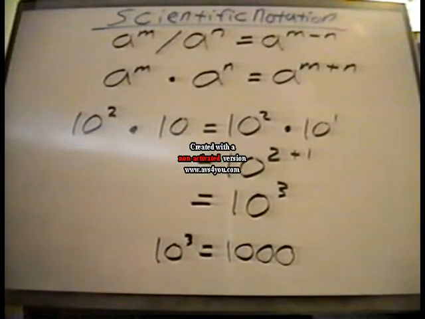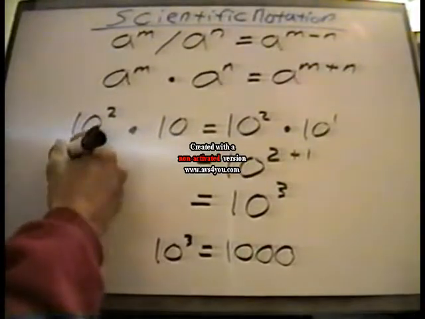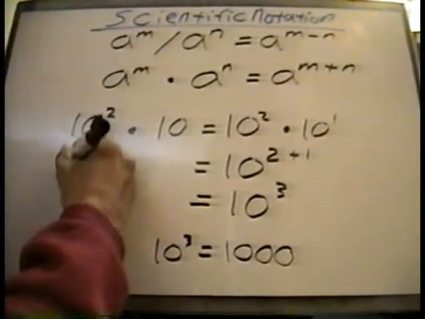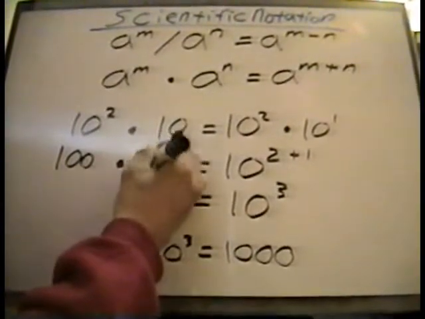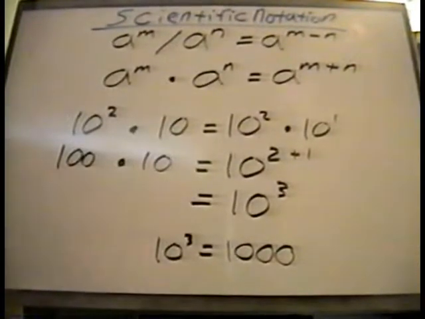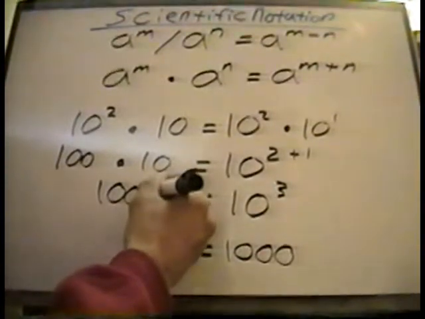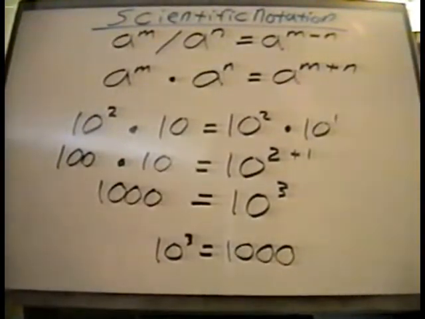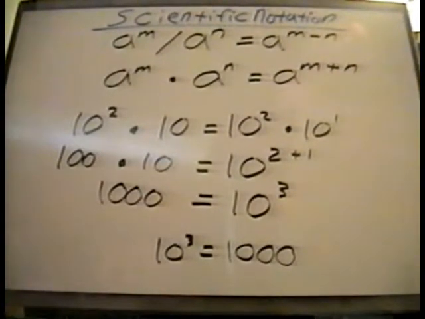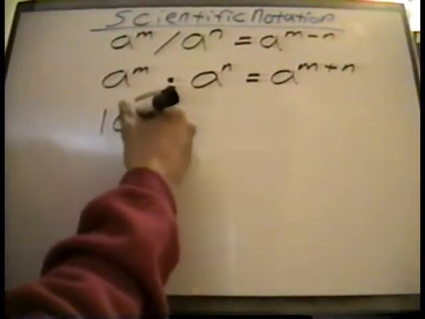That's just 10 to the power of 2 equals 100, 100 times 10. That's 10 to the power of 1 times 10 to the power of 1.